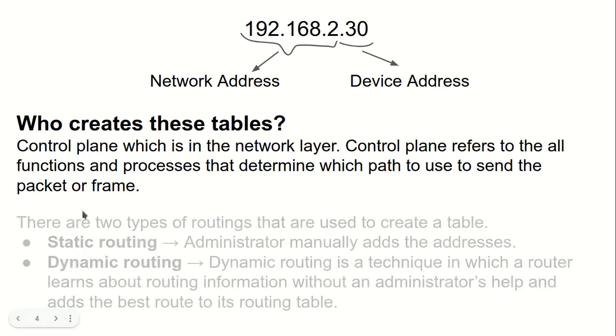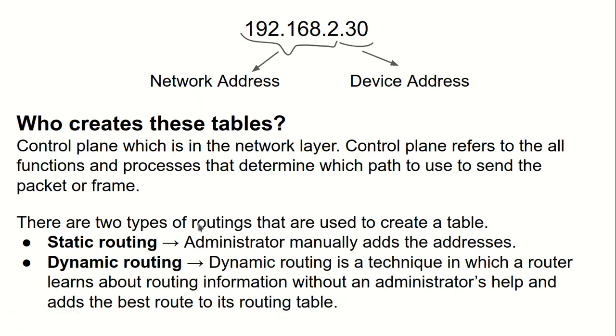There are two types of routing that are used to create a table: static routing and dynamic routing. In static routing, the administrator will manually add the addresses in the routing table.